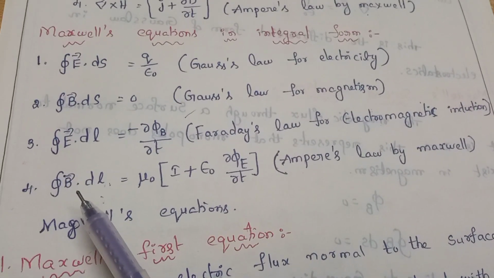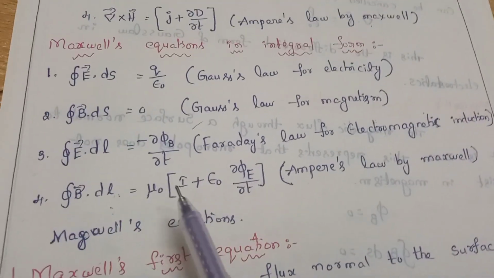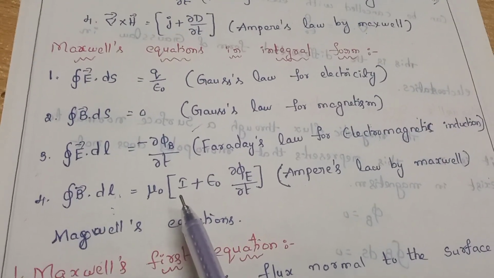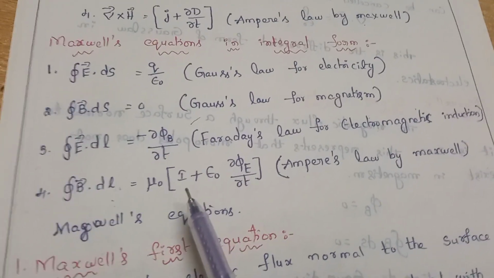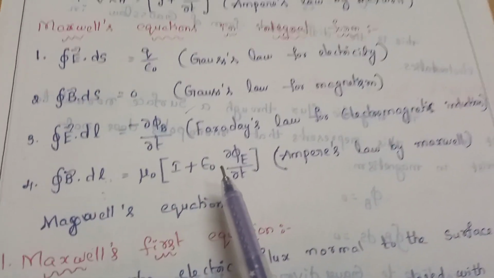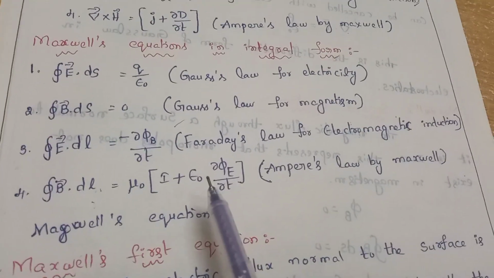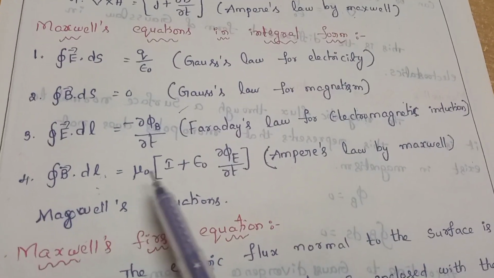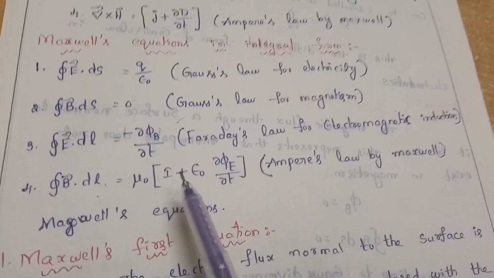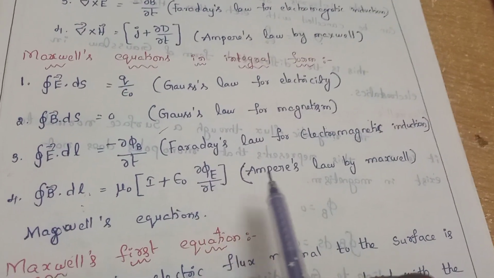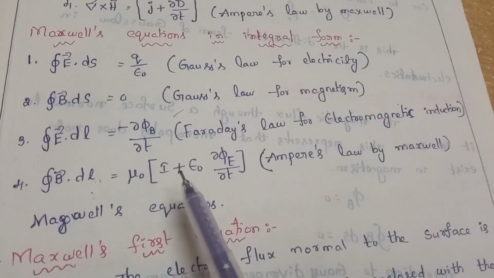Next, the fourth equation is the line integral of magnetic field intensity is equal to mu naught into current plus mu naught epsilon naught into dou phi E by dou t, where mu naught is the magnetic permeability. It is known as Ampere's law. This equation was initially proposed by Ampere, and further Maxwell added the displacement current. That's why it is called Ampere's law. Based on Ampere's law, the complete equation is explained by Maxwell.